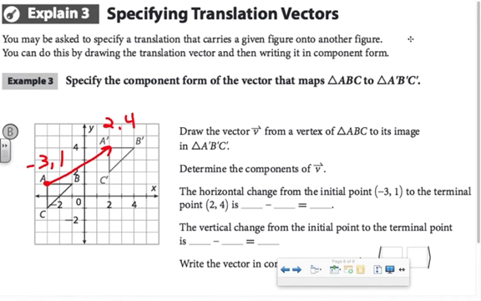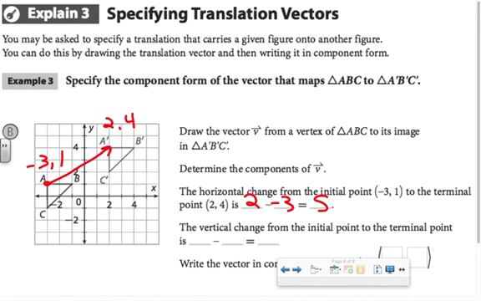It's very important that you take note of the order in which you do things. Since A is my starting point and A prime is my ending point, you want to start with where I ended and figure out what I subtracted from it. So 2 minus -3 is 5. So my horizontal change was a +5.